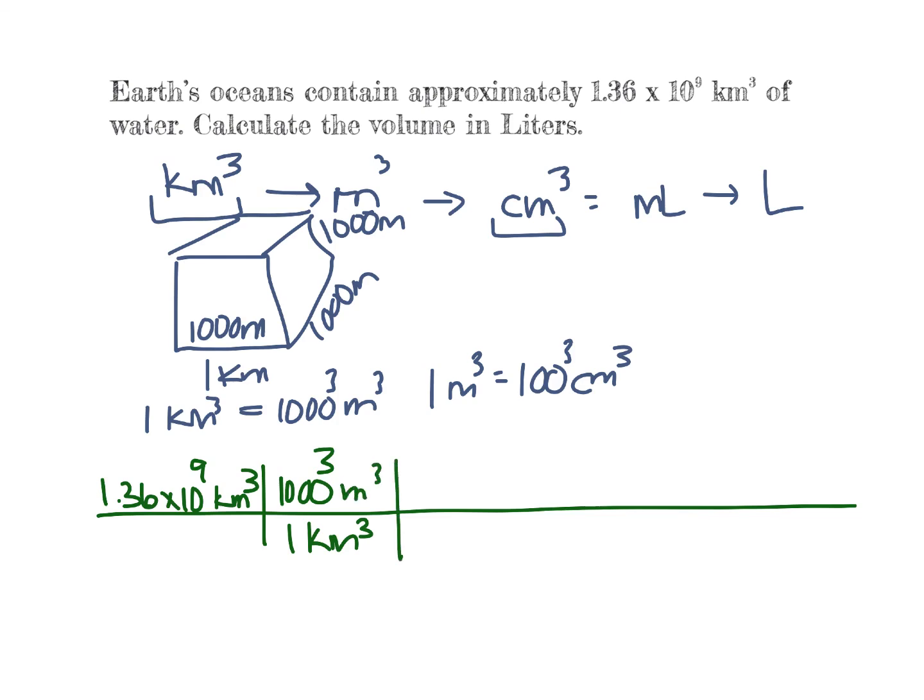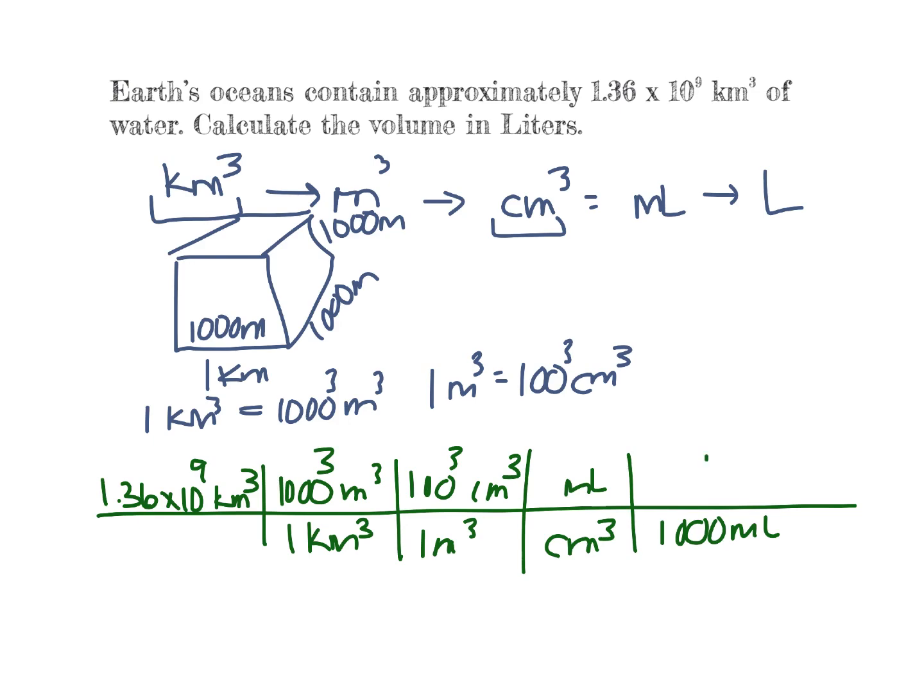The next one is getting rid of the meters, so I'll convert those meters into centimeters. 1 meter cubed is equal to 100 cubed centimeters cubed. Glorious. Okay. Now I'll use that equality from my cheat sheet. 1 centimeter cubed is equal to a milliliter. And I know from looking at water bottles that 1,000 milliliters is equal to a liter.